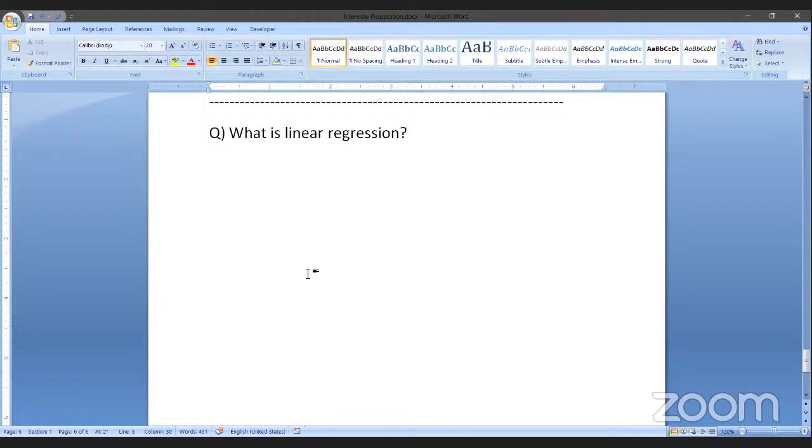Yeah, correct. So basically, linear regression is the linear relationship between output dependent and independent variables. First of all, we should say it is a supervised learning algorithm which finds out the linear relationship between two variables.